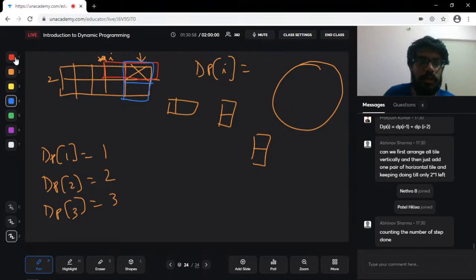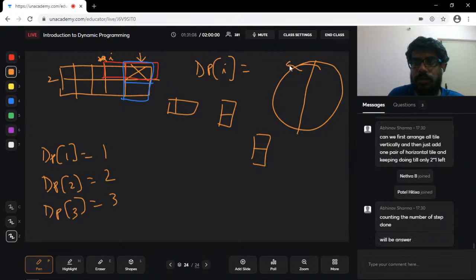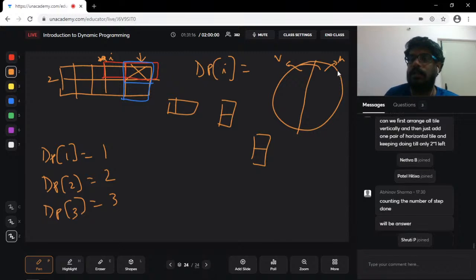And that is what we are going to break our bag into. Is the top right corner tiled using a vertical tile, or is it tiled using a horizontal tile? This is how the bag is split. So let's look at the vertical tile. If this thing is being tiled using this blue vertical tile, do you see that now I can just ignore the last column and just find the number of ways of tiling the first I-1 columns, which is nothing but dp of I-1.